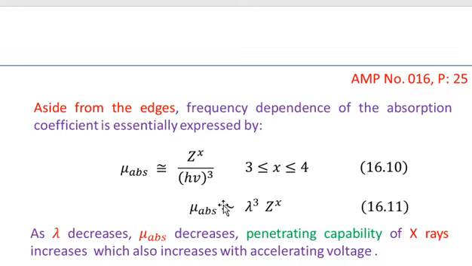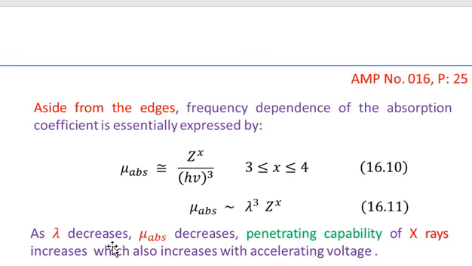You can simplify this expression as given in equation 11, that mu absorption can be written as of the order of lambda to the power 3 and Z to the power x. Here I have omitted some constants.